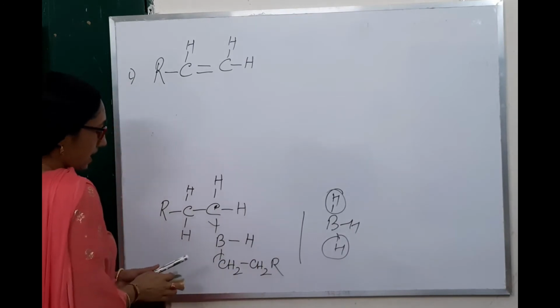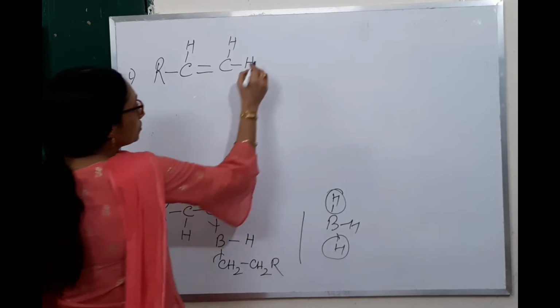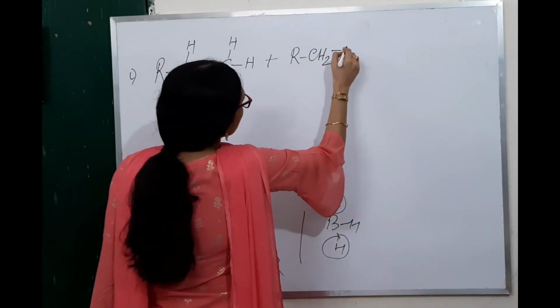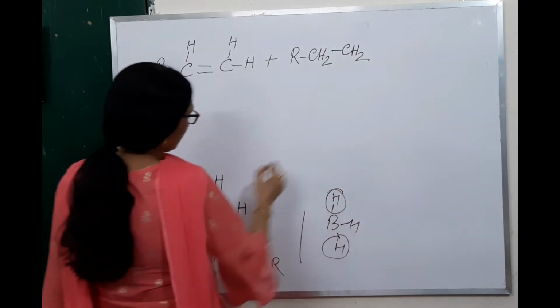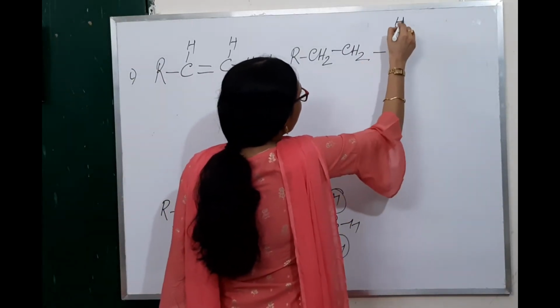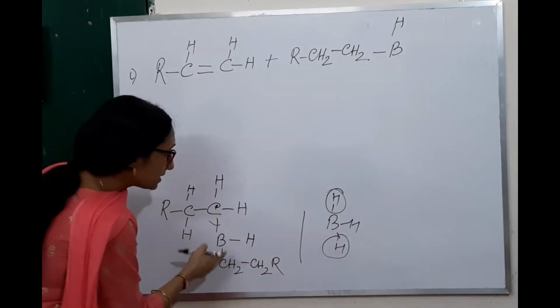After that, I will write this compound RCH2CH2, this B, this H, then again what I will write? CH2CH2R.